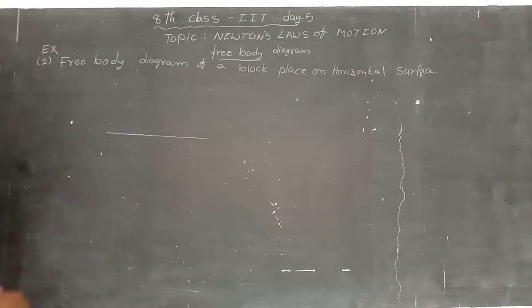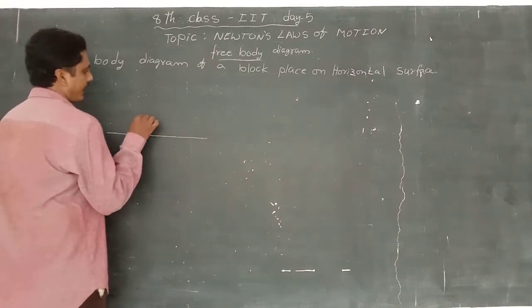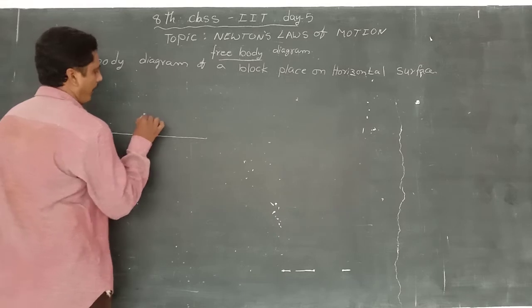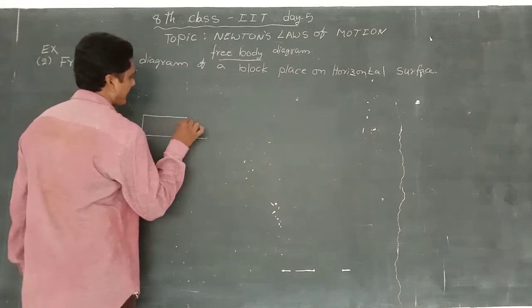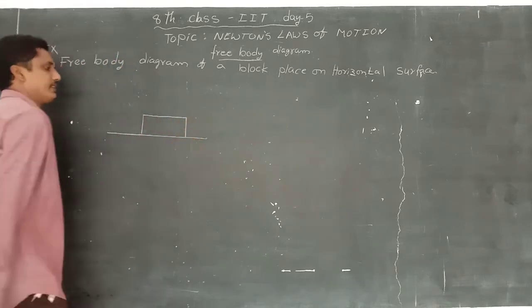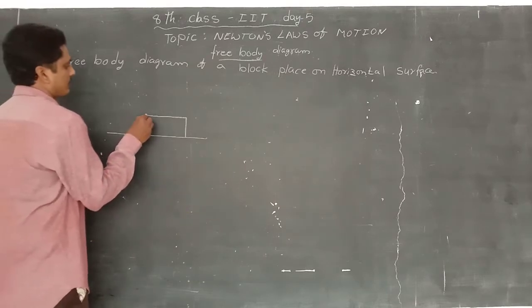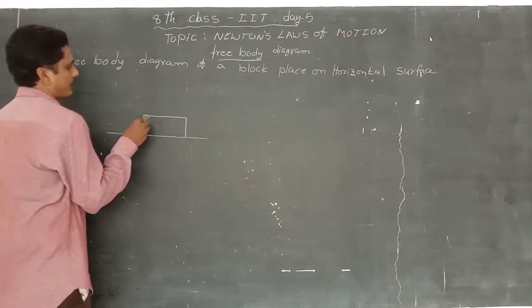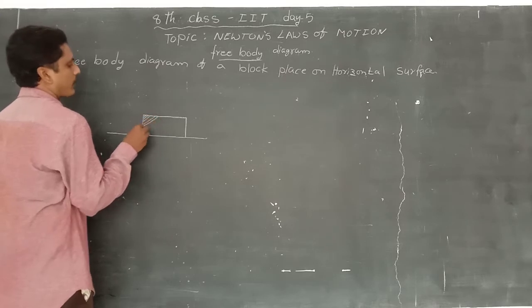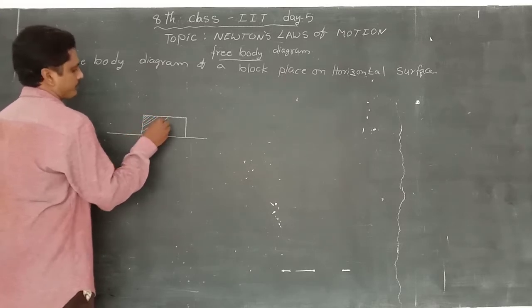This is the horizontal surface. Consider a body having mass m placed on the horizontal surface. This is a wooden block or rubber block.